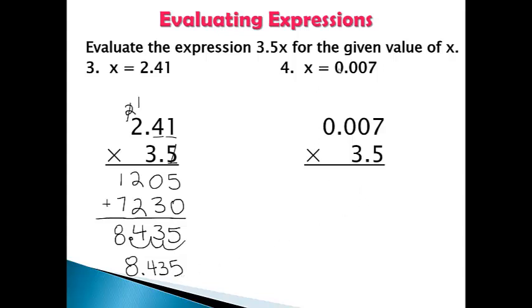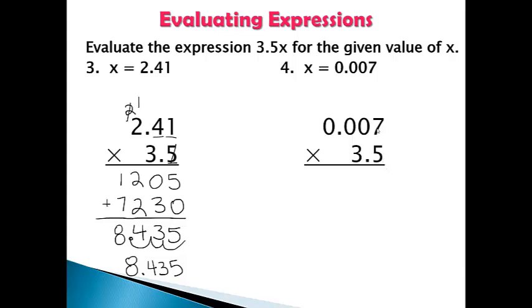Now for number 4, x equals 7 thousandths. So for our expression 3 and 5/10 x, we're going to do 3 and 5/10 times 7 thousandths. So now we have our problem written out. We have 7 thousandths times 3 and 5/10. Remember, we line up our last digit, not necessarily the decimal.